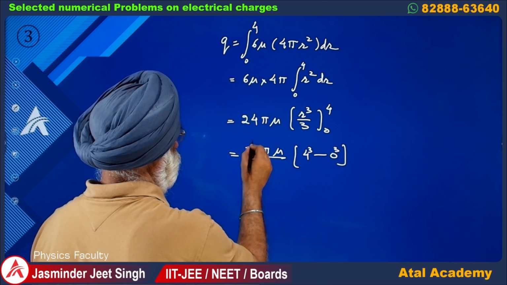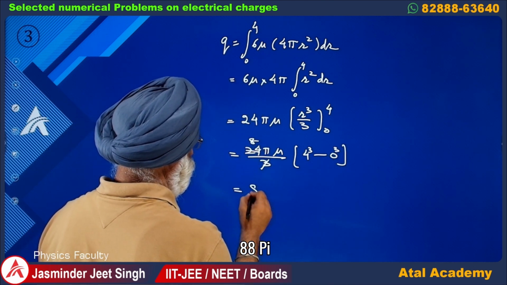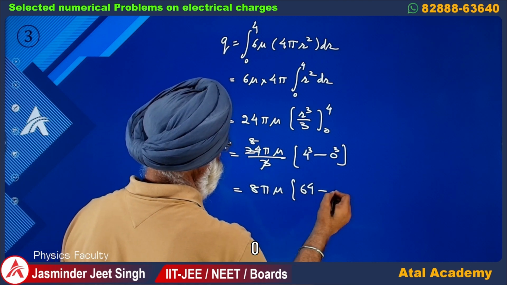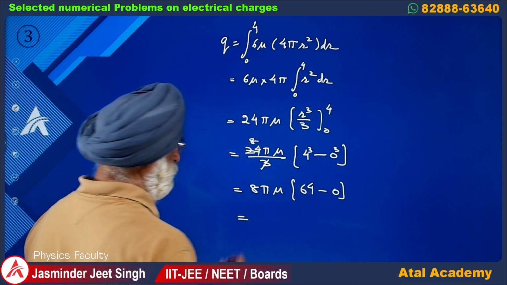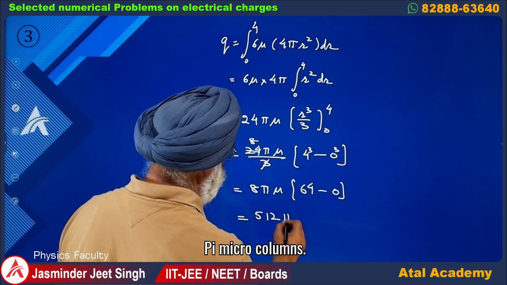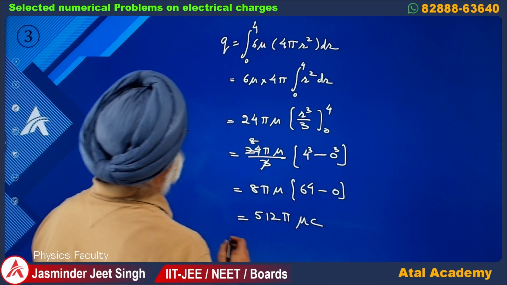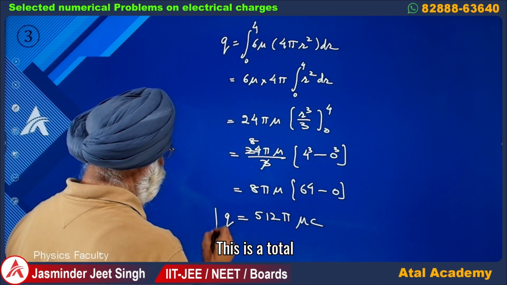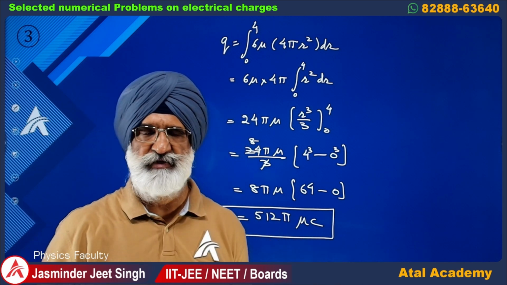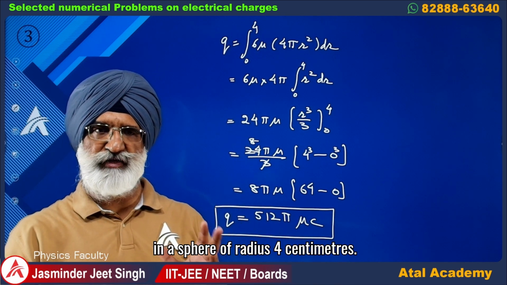It will cancel, it will be 8 pi micro into 64 minus 0. 64 into 8 is 512 pi microcoulombs. This is the total amount of charge which is present in a sphere of radius 4 centimeters.